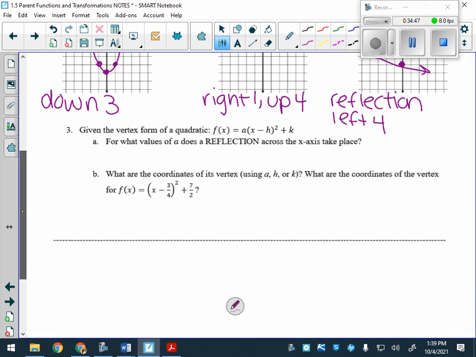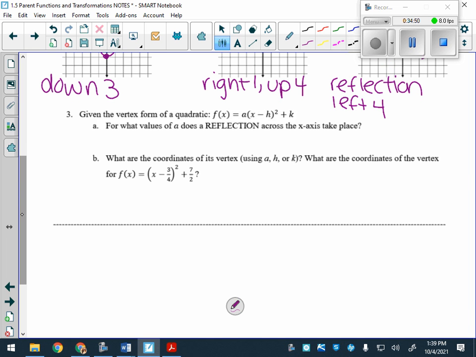Then we have 3A. For what value of A does a reflection across the x-axis take place? Danielle. Negative. When A is less than 0, meaning it's a negative. Good. Okay, what coordinates of its vertex using H or K? What determines the vertex?